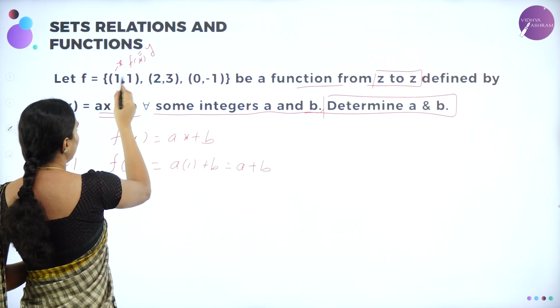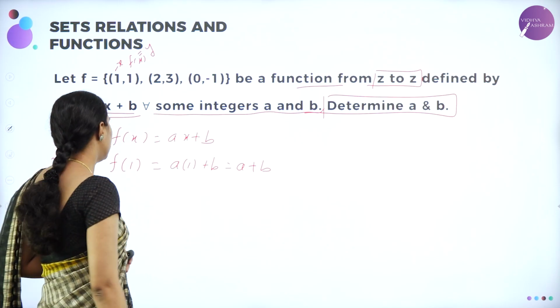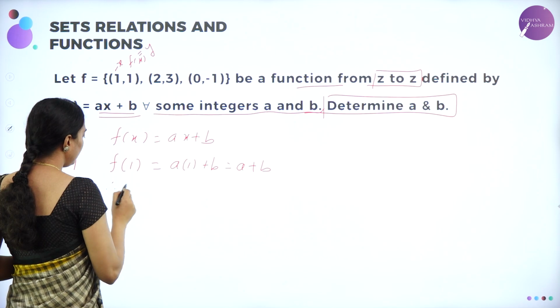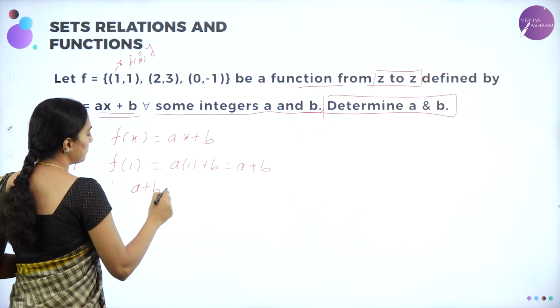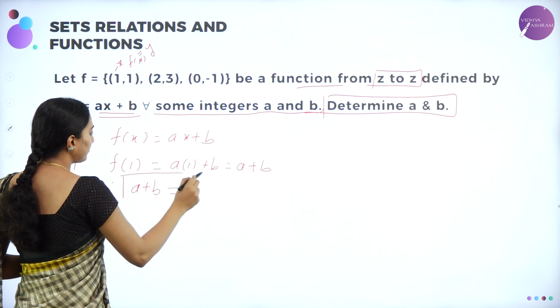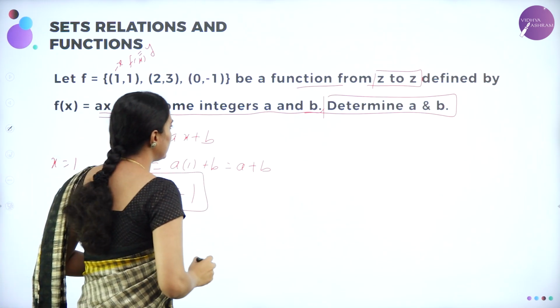Because f of 1 is given as 1, a plus b is equal to 1. Let me keep this equation as it is.